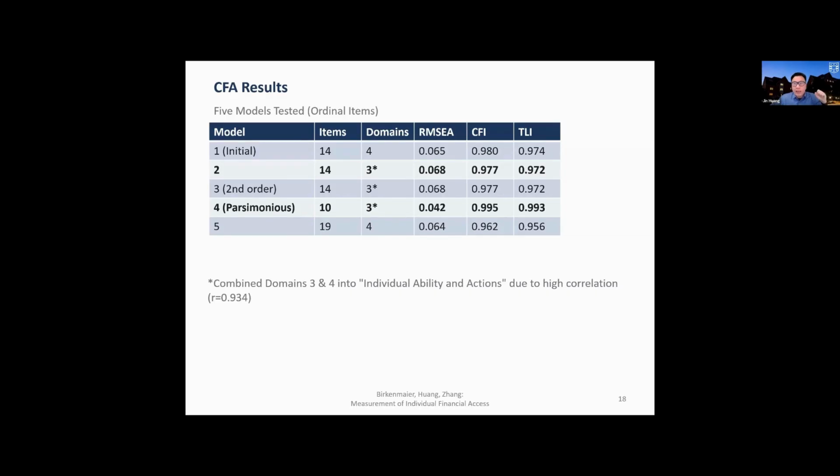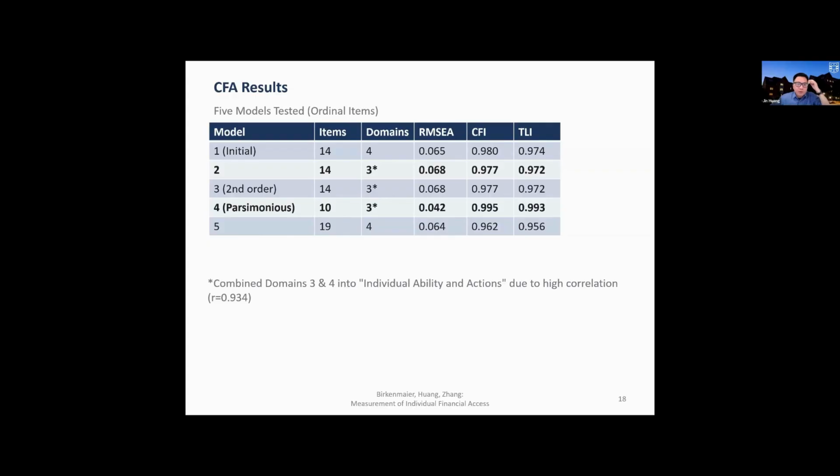So proving external environment is a more powerful predictor of access than actual account ownership. So model 4 is the model with only 10 items. By removing 4 items with relatively lower factor loadings, like financial counseling, we achieve the best model fit in model 4.